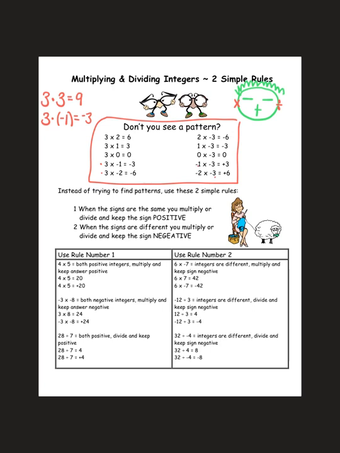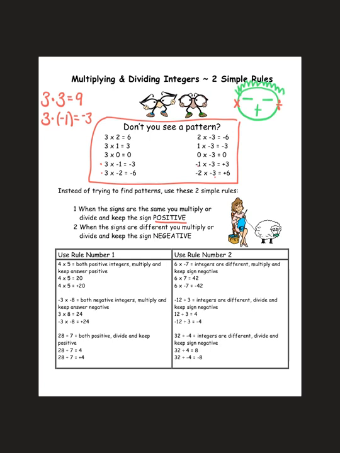Okay? Let's undo that. So it says here, instead of trying to find patterns, you can use these simple rules. When the signs are the same, you multiply or divide, and then you keep the sign as positive. So if both signs are positive, the answer is positive. If both signs are negative, the answer is positive.